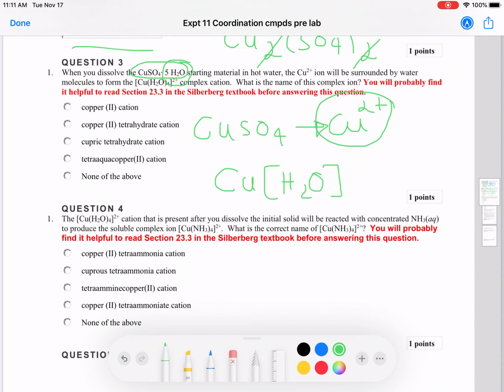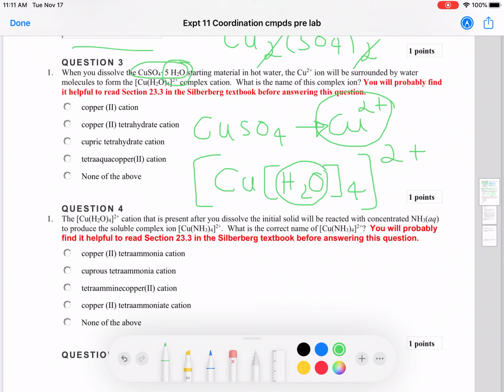Copper will be surrounded by 4 water molecules, and this is going to be a cation. So water is a neutral ligand. We call these molecules ligands.